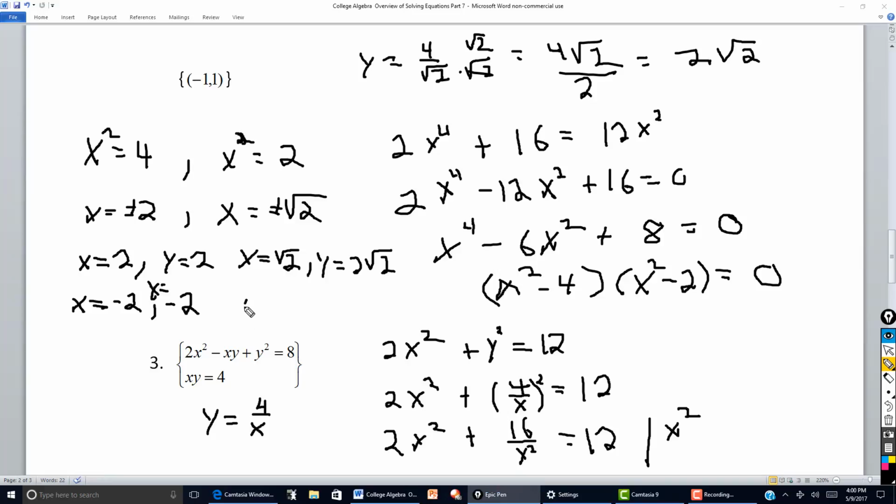And then in the second case, if x is equal to negative the square root of 2, notice it's going to be the same setup, except you're going to have a negative here all the way through. So this will come out to y is equal to negative 2 square root of 2.